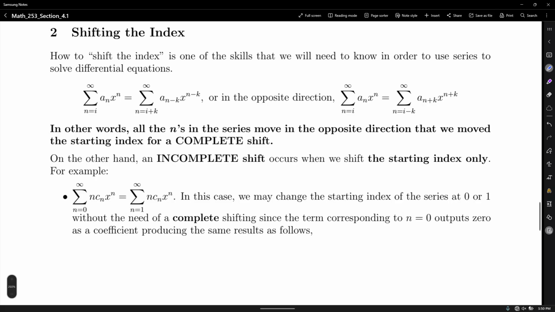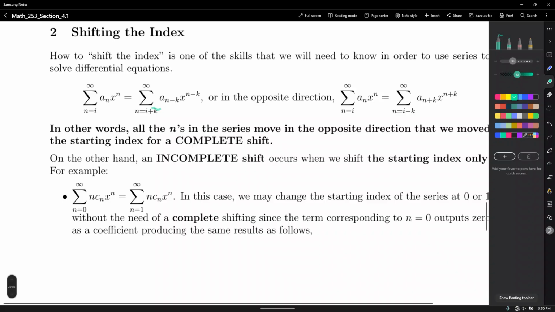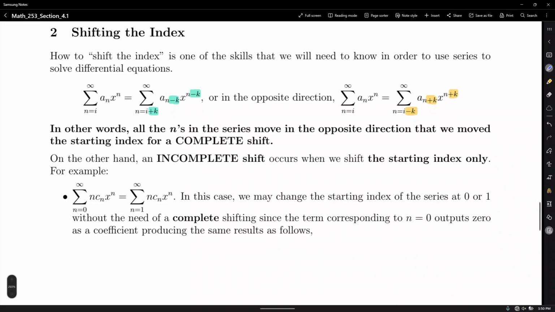In summary, if we add a number to the starting index, we need to do the reverse for every instance of n in the general rule inside the series. That is, if we add a number to the starting index, we subtract as many units from the n's inside. And vice versa, if we subtract some number, we add that same number of units to the series inside. This is what constitutes a complete shifting.